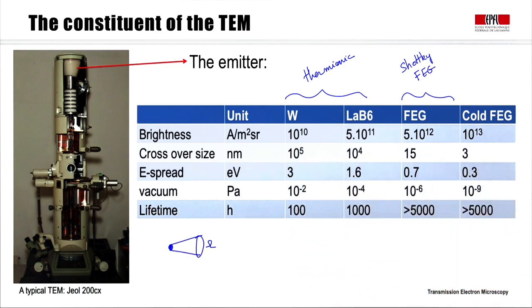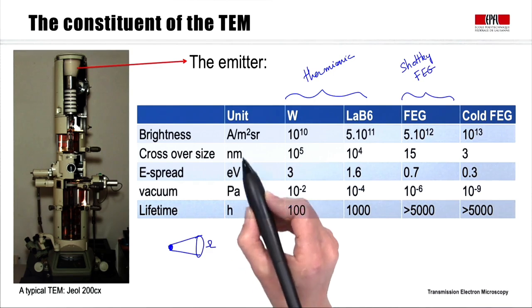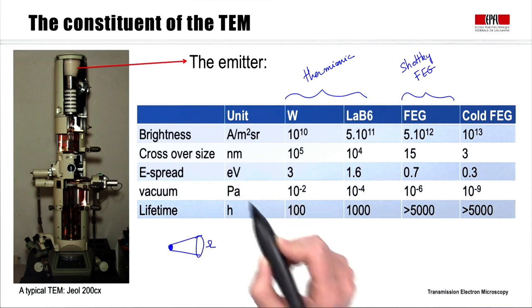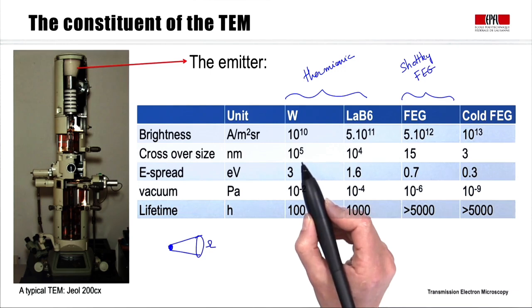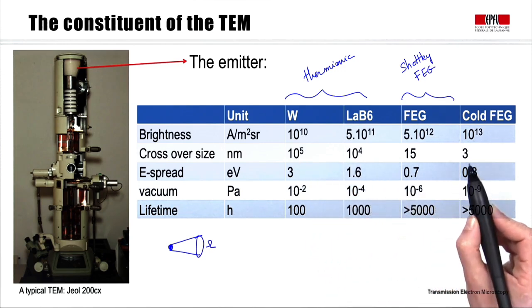There's a huge difference in brightness between the different types of emitters, and a high brightness is linked to a high coherency because the electrons come from a small part of the emitter. This is important for phase contrast. A second characteristic is the size of the crossover after the emitter.